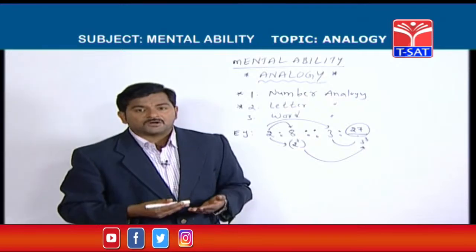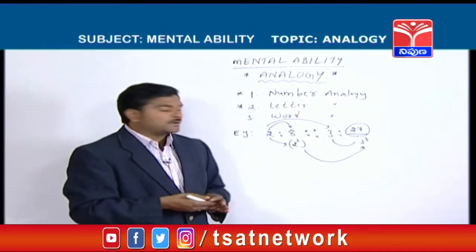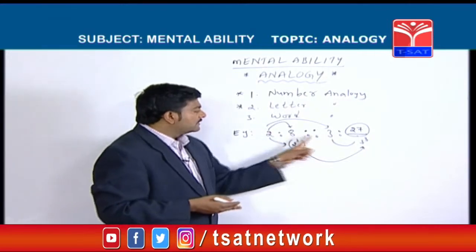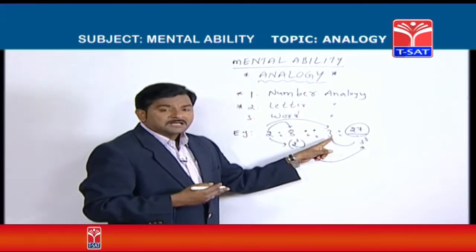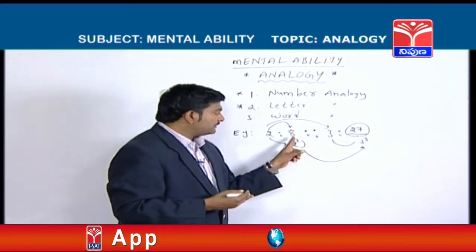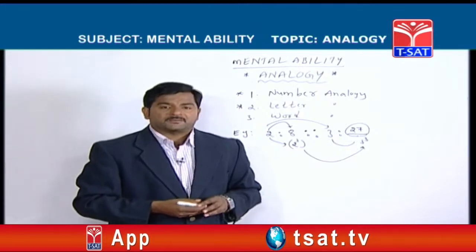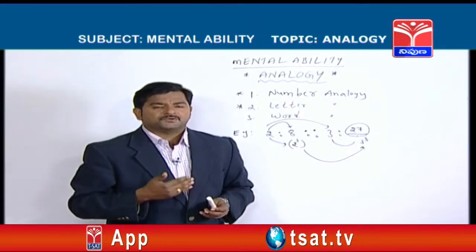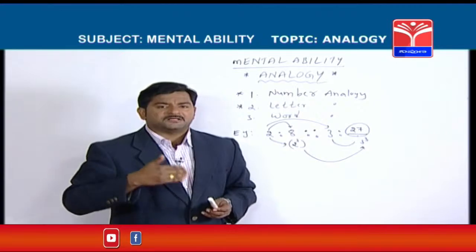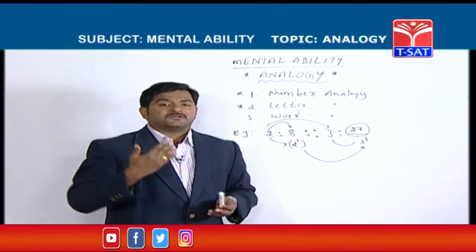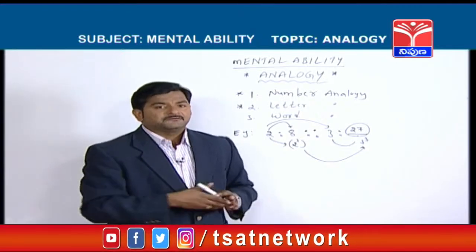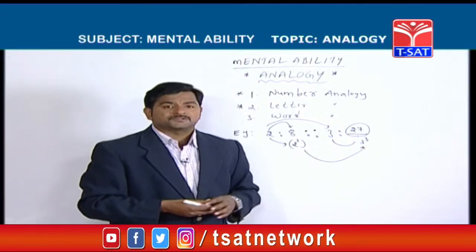At that time, you have to think in the other way also: how I am getting 3 from these two, and similarly apply the same concept for 8 to get the required blank part. I hope you understood. Usually 90% will be in that way. If you are not working out any concept, then we need to think from this point of view also.